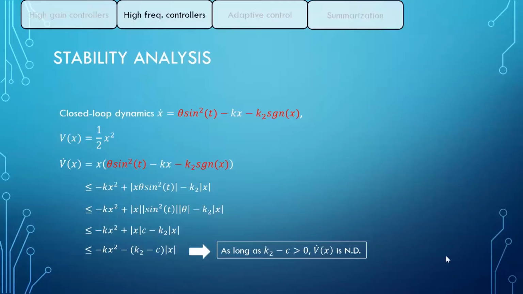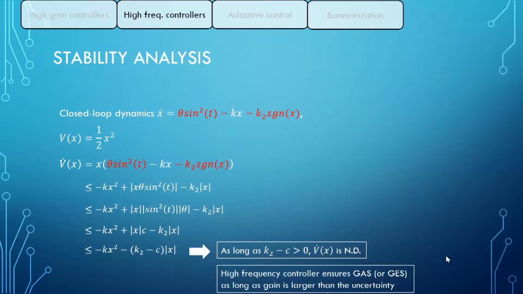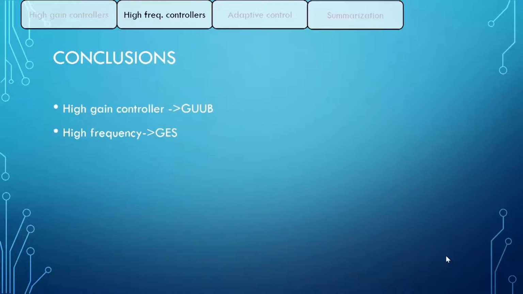So V dot is ND as long as K2 is greater than C. So high frequency control ensures global asymptotic stability as long as the gain is greater than the upper bound of the uncertainty.